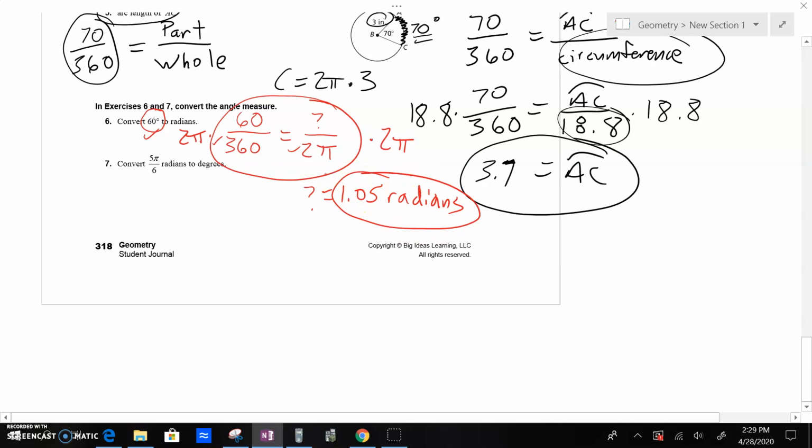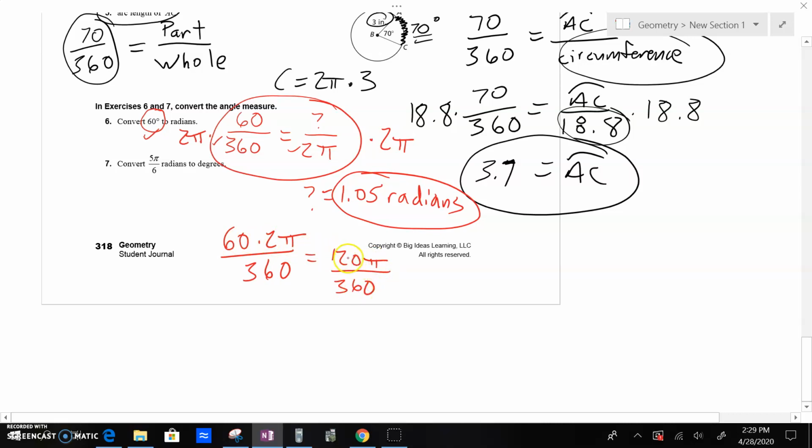Now, it is possible, depending on the way an answer gets put into a textbook, and it totally depends on the textbook maker. You can be asked to round it, or you can do 60 times 2 pi divided by 360, and you can solve this algebraically. So 60 times 2 would be 120 pi over 360.